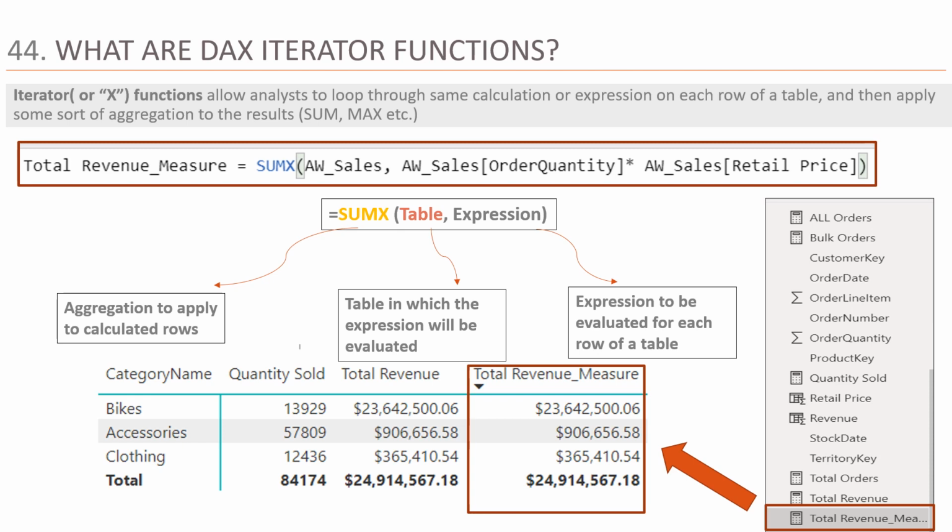DAX iterator is like adding a temporary column at the end of the table, calculating each row based on the expression and then applying the aggregation to that new column. In the example shown above, total revenue measure is the new measure created using SUMX iterator function, which is computed by looping through both the columns order quantity and retail price.